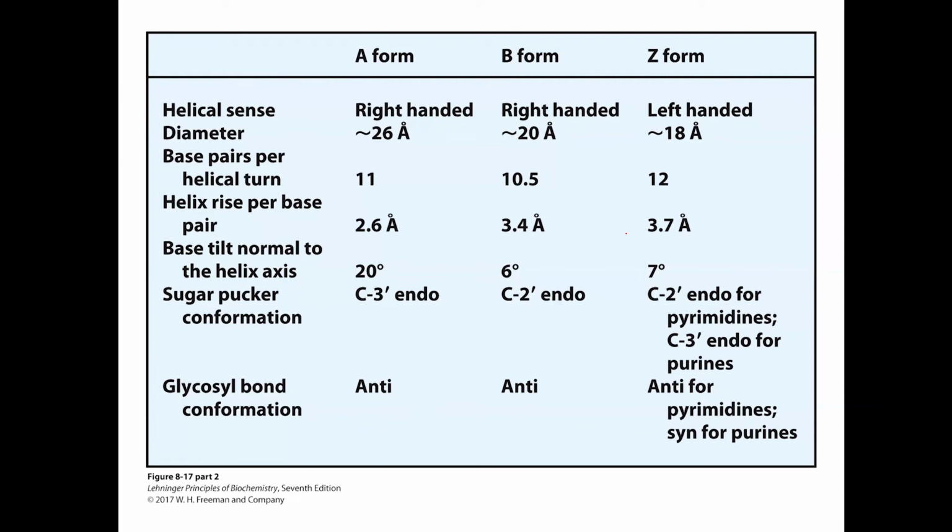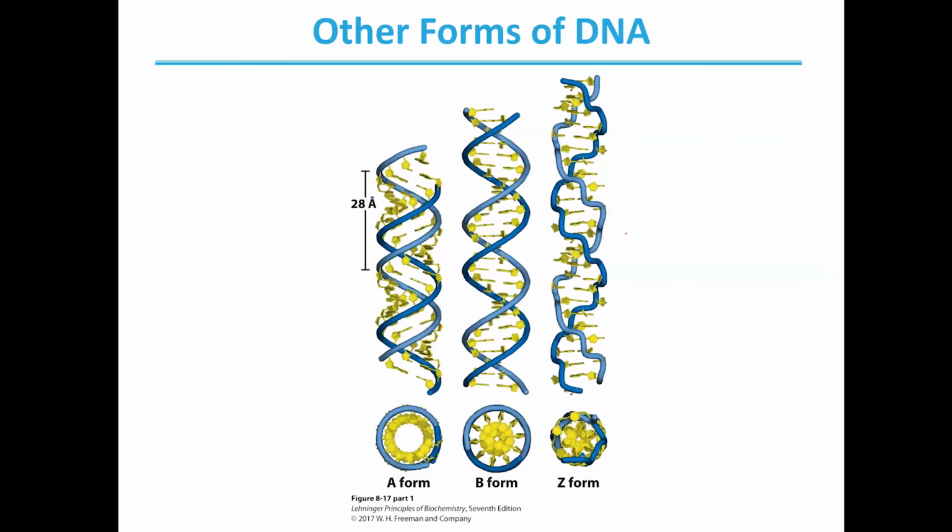You can also see how fast the helix rises per base pair. So again, this is essentially the height of that rise between two points per the number of base pairs there.